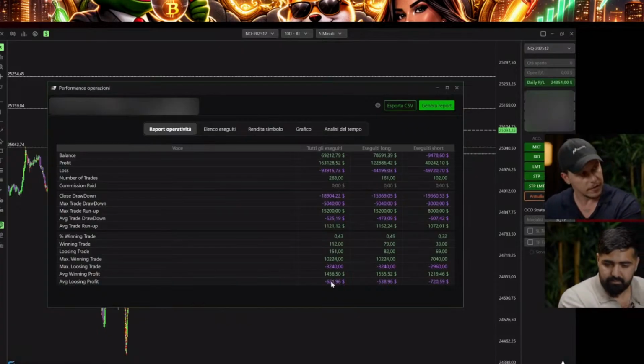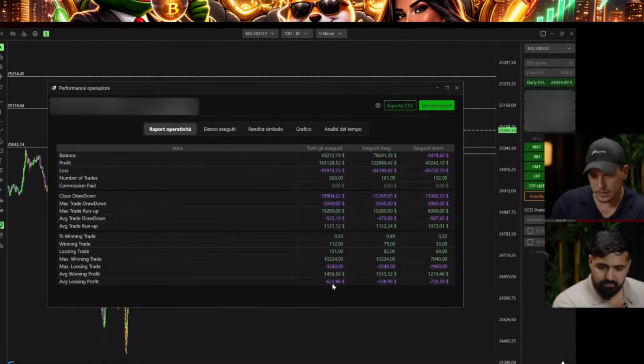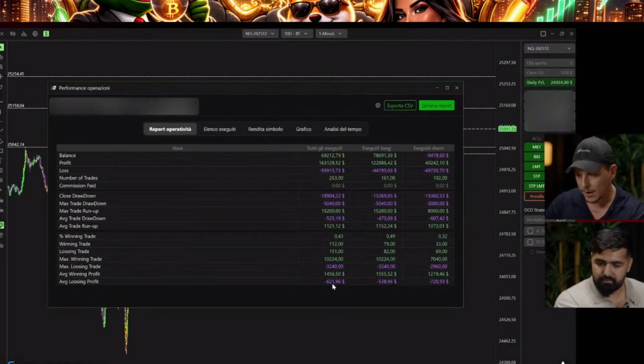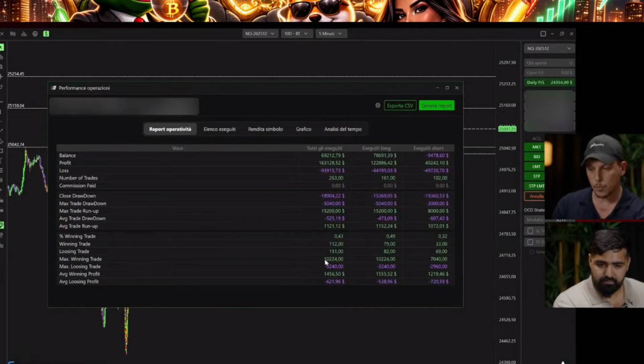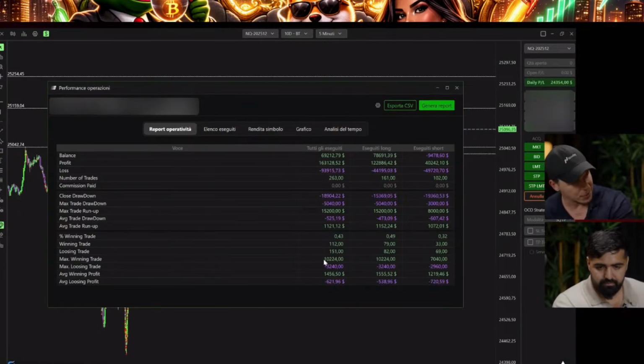Now I load 10, 15, 20. The average losing trade is $600. If I try to shoot for the maximum high, my win rate will get lower. I already don't have a huge win rate, I have 43 to 49%. But my maximum winning trade is $10,000 per contract.